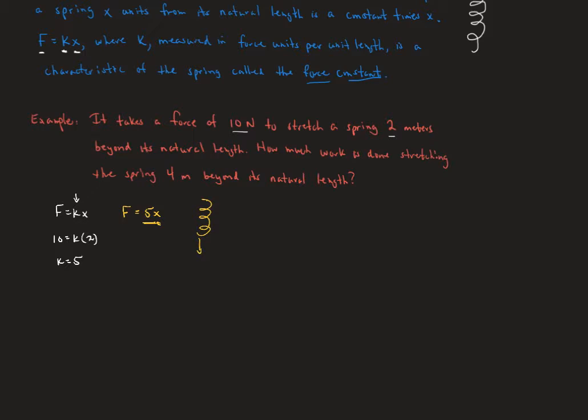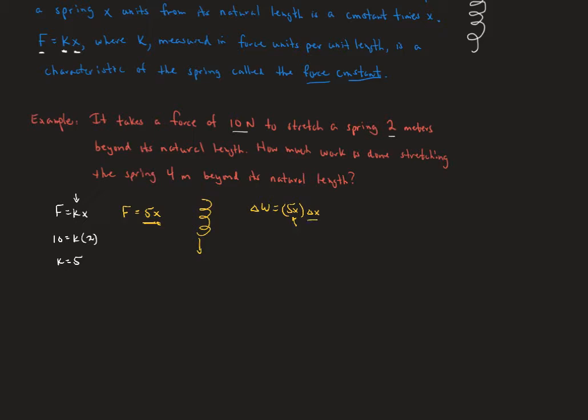So we want to think on the microscopic level, the differential level, the work that's going to be done in moving this a little bit of a distance is going to be that force, which is going to be our 5x, times the distance, which we're going to move it, a little delta x. So we'll figure out what the force is based on how much the spring has been stretched so far.